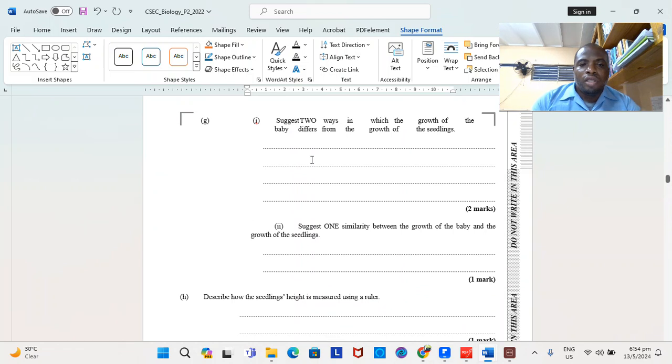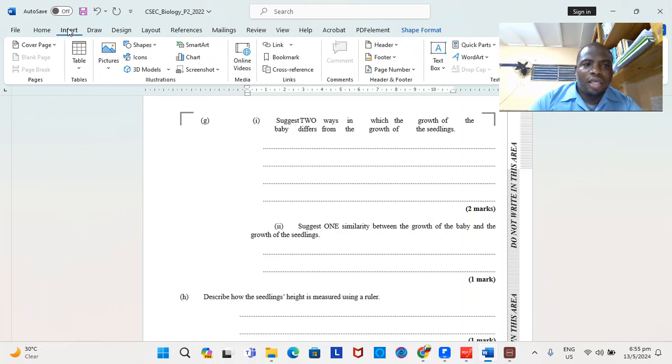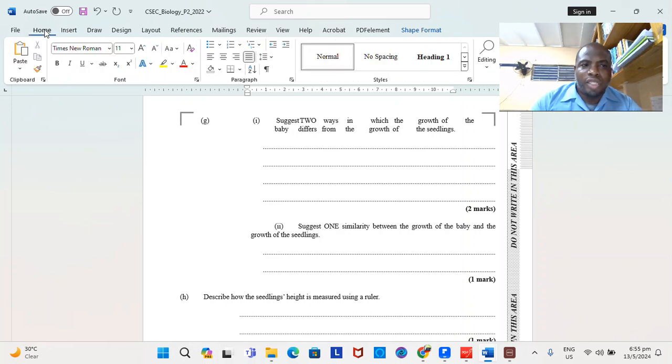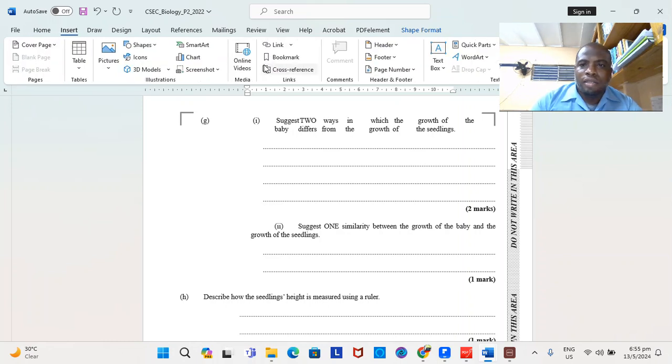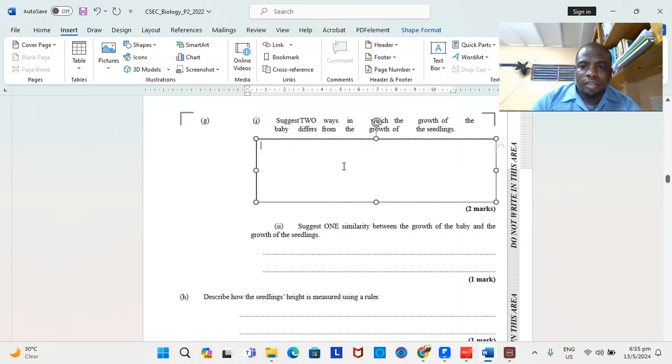Now part G speaks to suggesting two ways in which the growth of the baby differs from the growth of the seedlings. Now we know that seedlings, referring to the seeds, they get their nutrients initially from the stored food, which is the cotyledon.